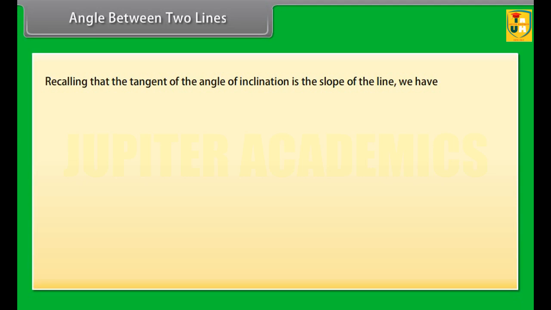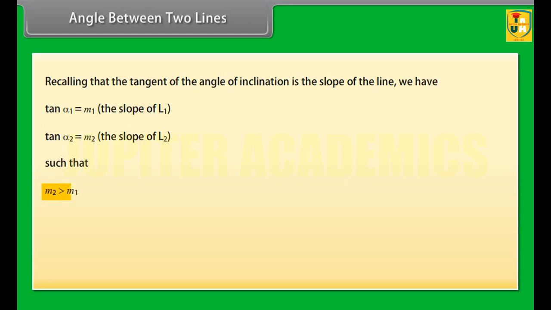Recalling that the tangent of the angle of inclination is the slope of the line, we have tan alpha 1 = m1, the slope of L1, and tan alpha 2 = m2, the slope of L2, such that m2 is greater than m1.